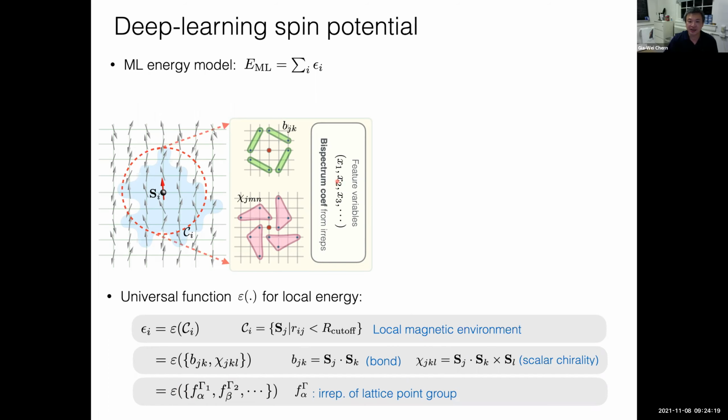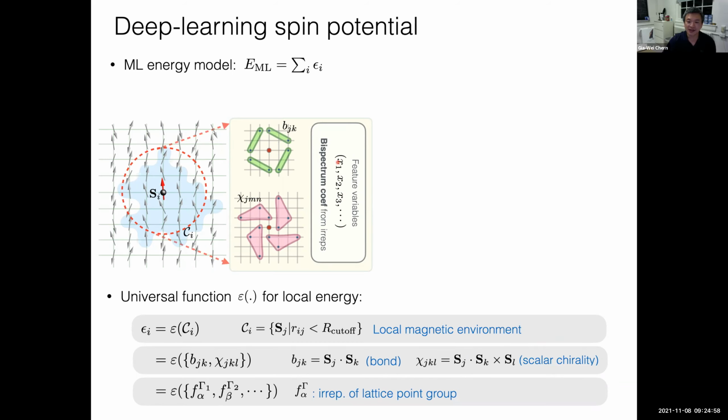Then invariants of the symmetry group, called the feature variables, are obtained from the so-called bispectrum coefficients of the amplitudes of all the irreducible representations. So in the end, we obtain some sort of generalized coordinates, x1, x2, x3, up to a couple hundred of them, and they represent this local environment configuration. But importantly, these feature variables are invariants under spin rotation and lattice symmetry operations.